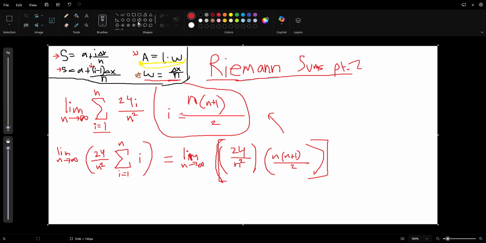So now we'll just multiply. Let me get rid of some of this space. Okay, so we'll move up here now. Let's first evaluate the right. So it's going to be n times n plus 1 is n squared plus n, which is essentially just this part. We're just distributing the n over 2.